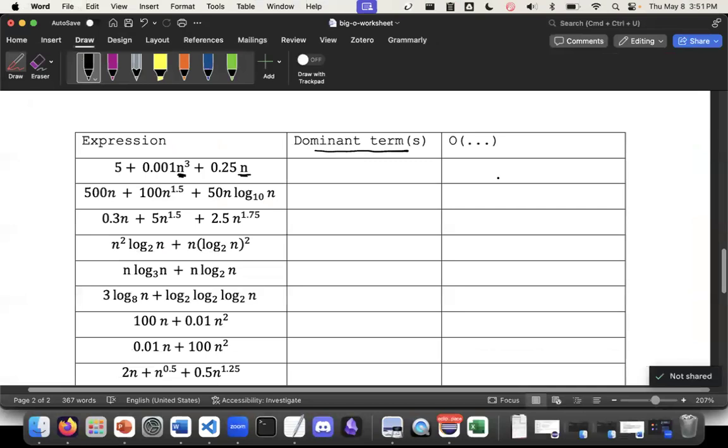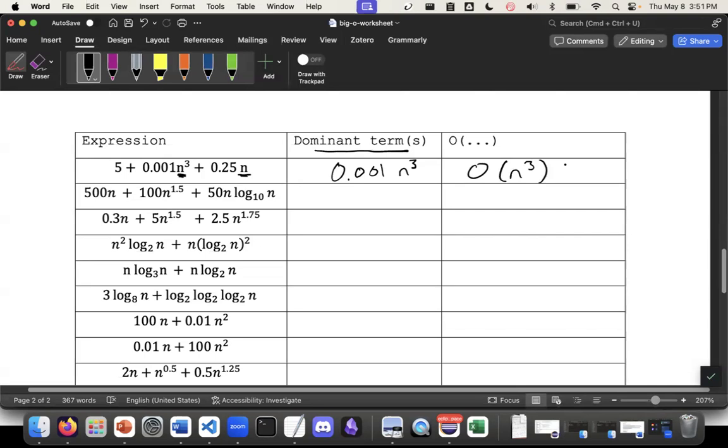N cubed, even though the modifier is a lot smaller than it is on n, because it's cubed, it's going to grow a whole heck of a lot faster than n once the input gets big enough. So we say that the dominant term is 0.001 n cubed. And so from that, once we've found the biggest term in this equation, we say this is O of n cubed.